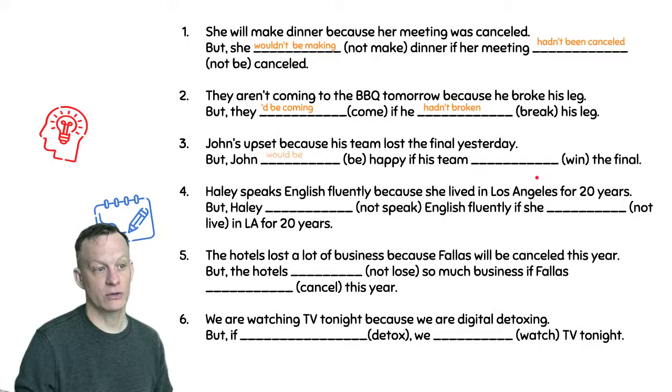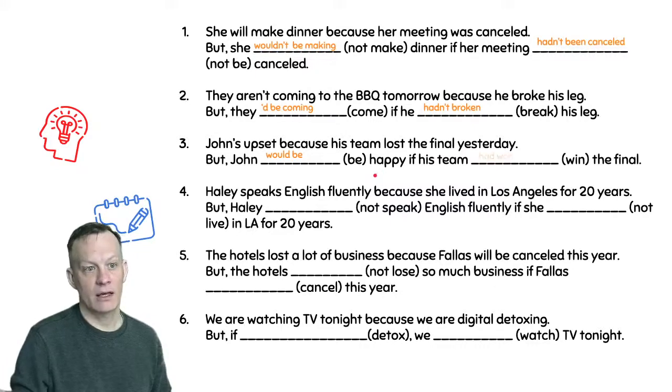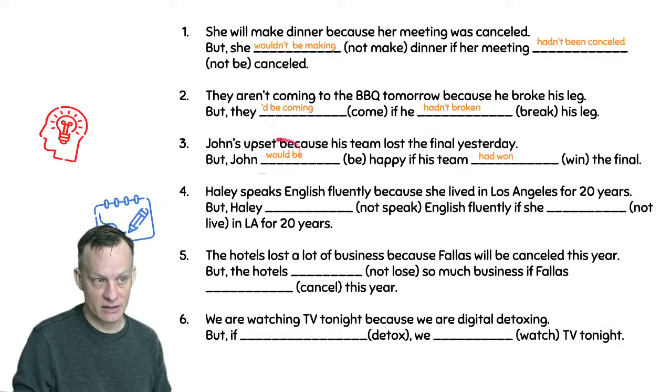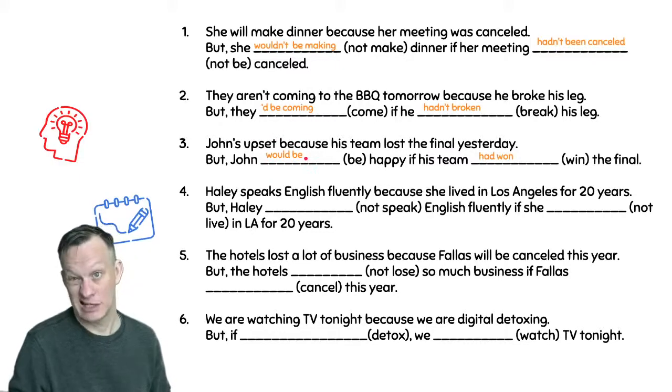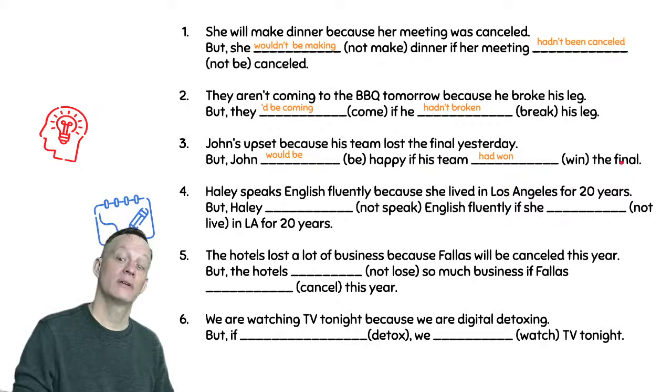But you're very close. John would be happy or happier. That's fine, Enrique. If his team had won. And this comes from the third conditional, and this comes from the second conditional. So the present, he would be happy. He's not happy, but he would be happy if his team had won the final yesterday.